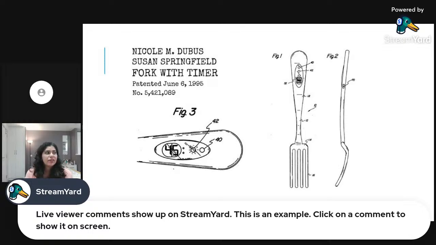What this timer does, as the name suggests, is tell you how long you have been eating. And after an elapsed period of time, the fork gives you a cue that another bite of food using that fork may be taken. And for any health enthusiasts in the class, you know that portion control is the real deal if you want to maintain your health, or if you're looking to lose weight.